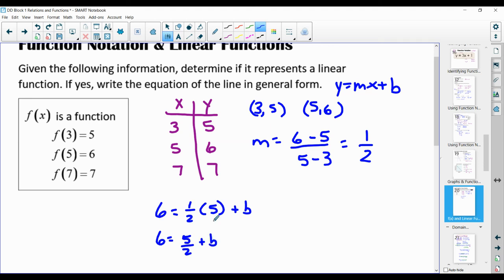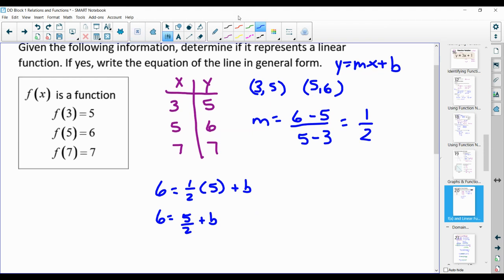Now we subtract 5 over 2 from both sides, and we get our b value to equal 3.5, or 7 over 2. So our equation is going to be y equals 1/2 x plus 7 over 2.